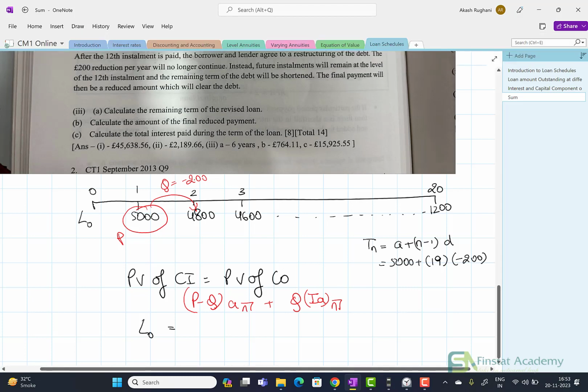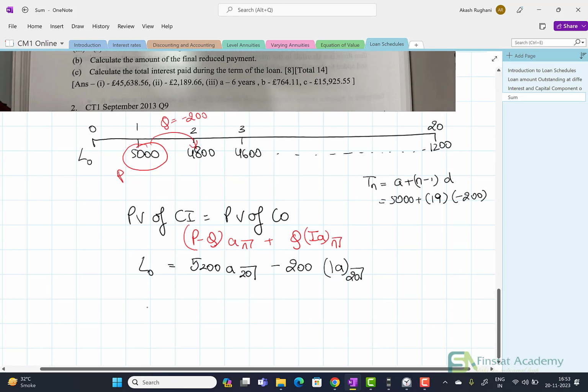P is 5,000 minus of minus 200 becomes 5,200, A_20, so 20 years, plus Q here is again negative 200, so it will become minus 200 (IA)_20. I'll get the loan amount. The loan amount is 45,638.56.